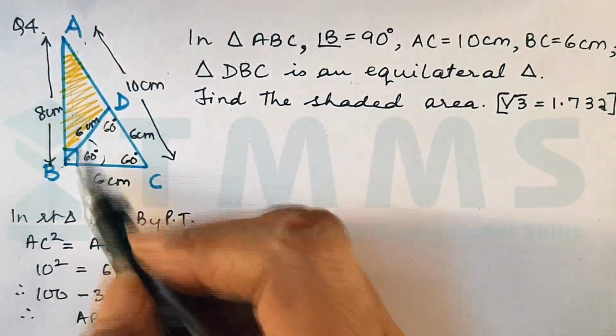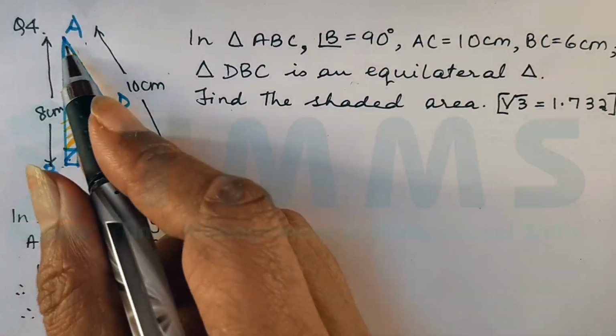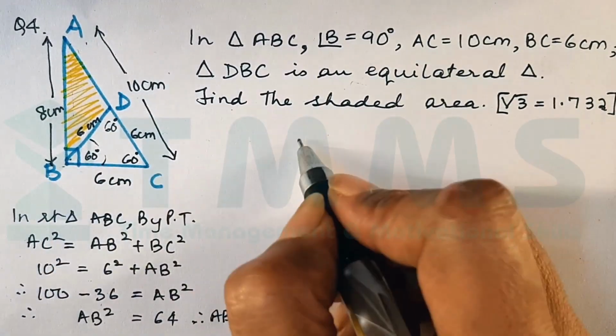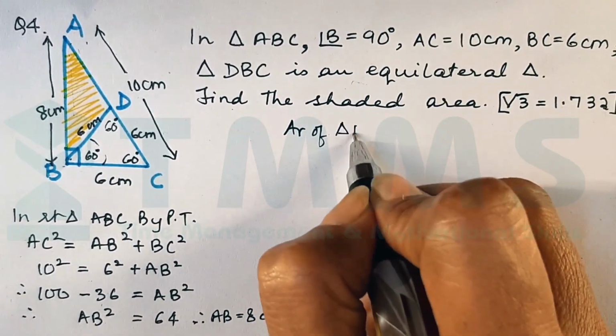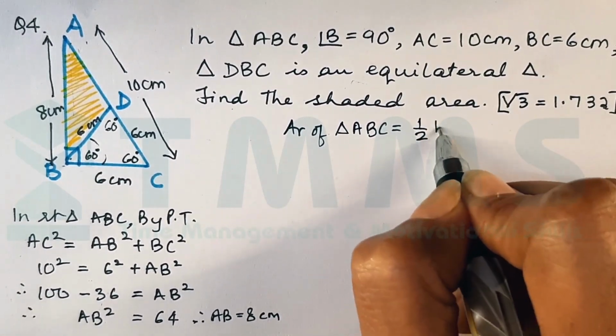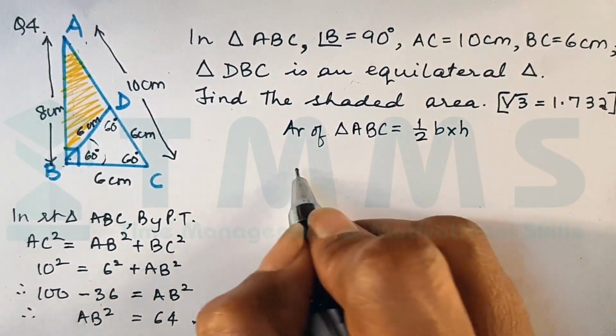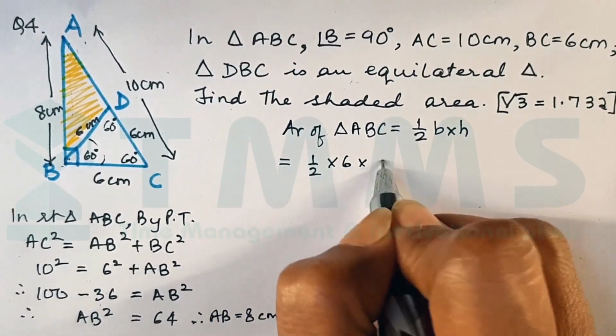Got that? Is it possible for us to find the area of right triangle? Yes, because this is the height and this is the base. So area of triangle ABC will be equal to half base into height, and that will give us half into 6 into 8.